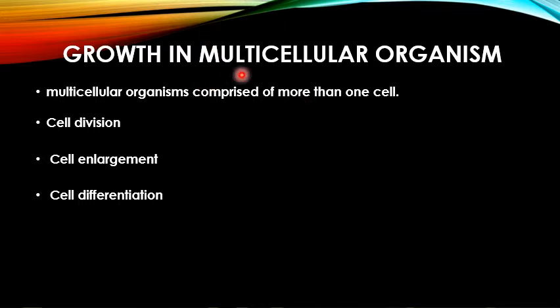And how does the growth in a multicellular organism take place? The processes involved in multicellular organism growth are cell division, cell enlargement and cell differentiation. We'll be studying about this in the further slides.